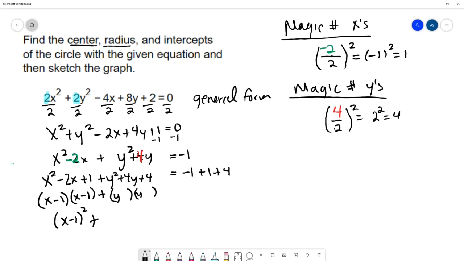Y times y is y squared. 2 times 2 is 4. And I'll do pluses to create that 4y in the middle. So that factors to be y plus 2 squared. On the right-hand side, -1 plus 1 plus 4 would give me 4. And now I've written the equation in standard form.